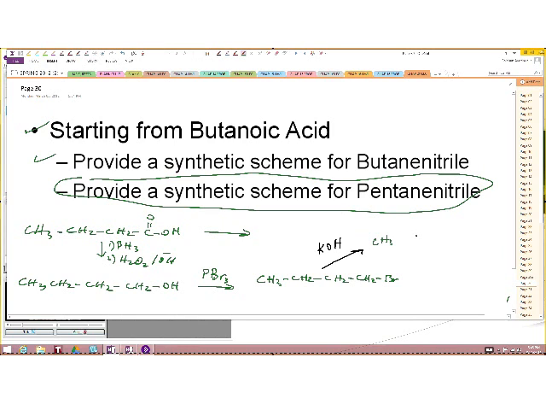So now you have this. And once you form your alkene, now you want to take that with potassium permanganate.